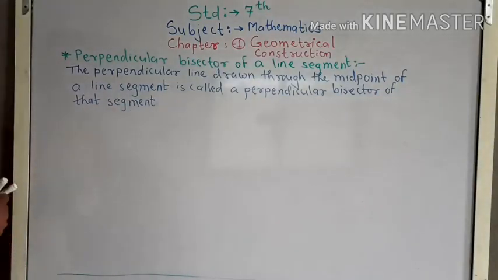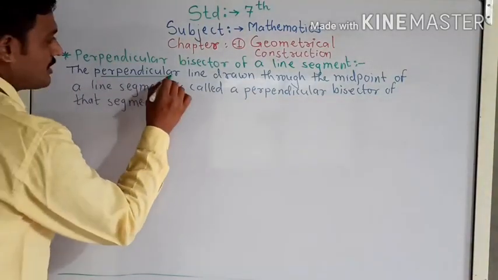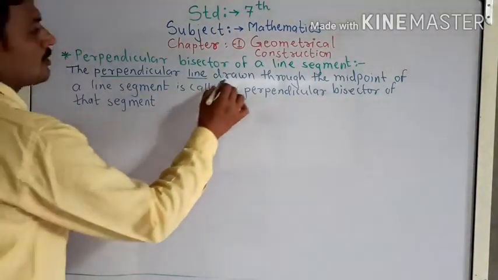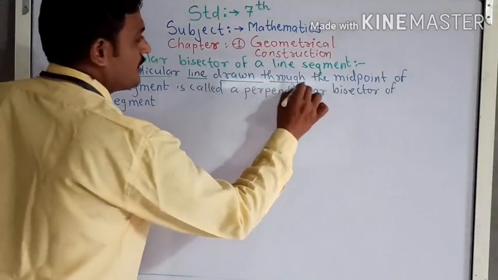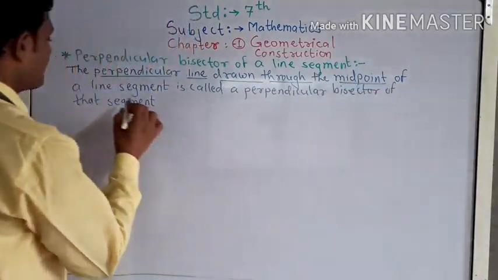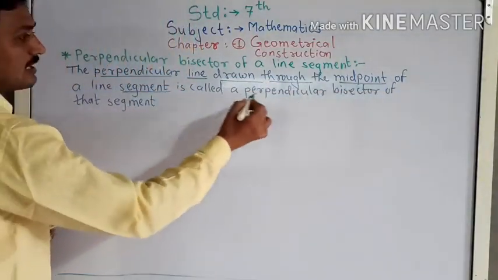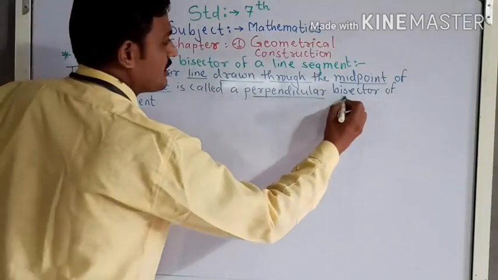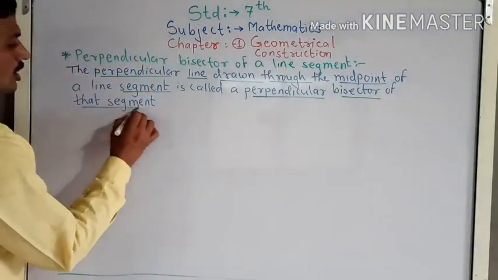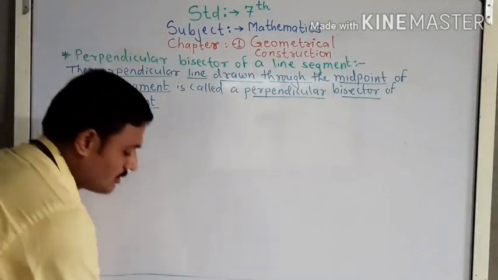A perpendicular line drawn through the midpoint of a segment is called the perpendicular bisector of that segment.